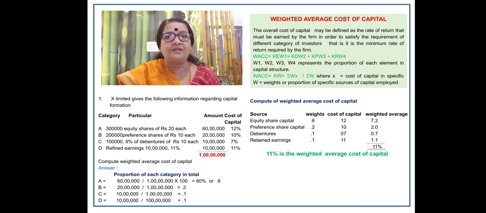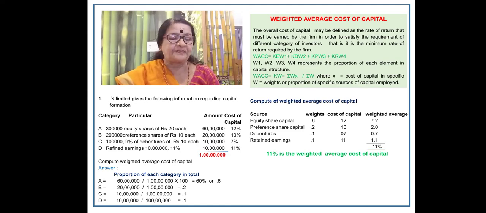If the capital raised from different sources is in equal proportion, the overall cost of capital of the firm will be equal to the same level. But the capital used will be different from one source to another. So the proportion we have to take into account, and the weightage has to be given according to the source of capital.